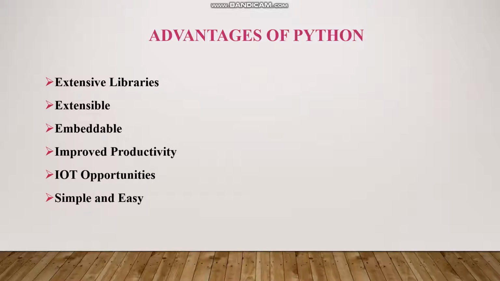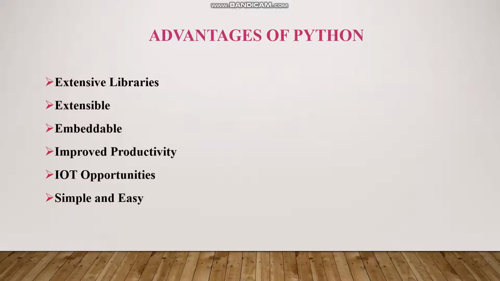Since Python forms the basis of new platforms like Raspberry Pi, it finds the future bright for the IoT. This is a way to connect the language with the real world. Simple and easy. When working with Java, you may have to create a class to print hello world, but in Python, just a print statement will do. It is also quite easy to learn, understand and code.